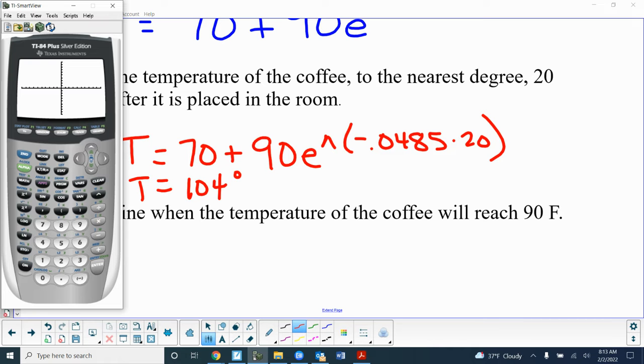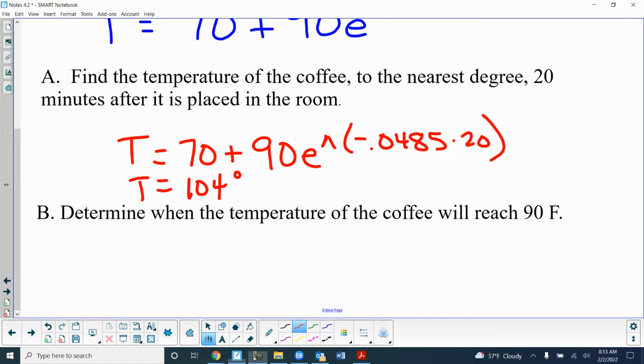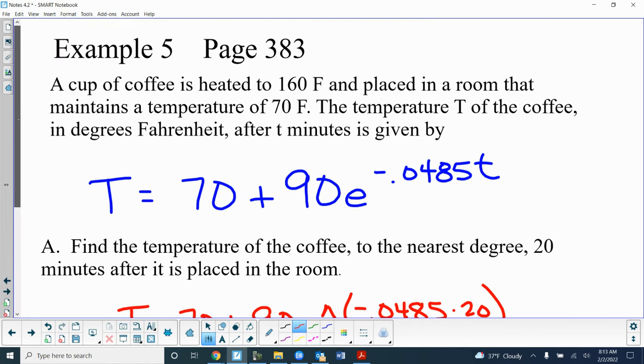Okay. Go to your table. All right? How do I get to the table? Second graph. Okay? All right, so at 0 minutes, it was 160 degrees, right? Isn't that what it started out as? Started out as 160, right?